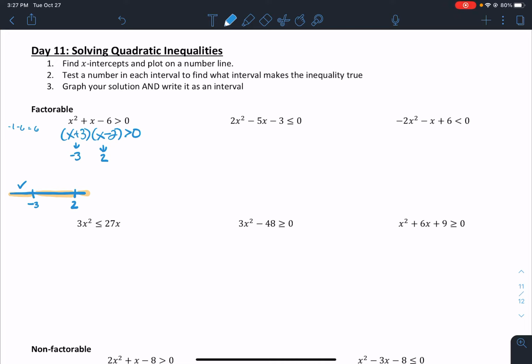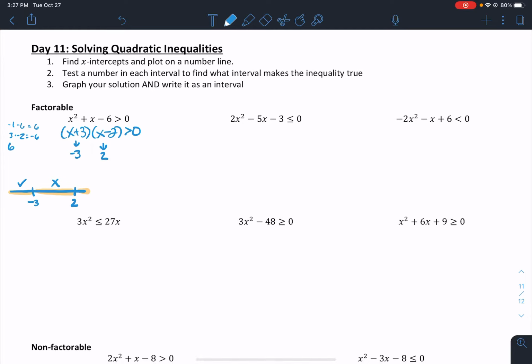Now between -3 and 2, if I can use 0, I like to use it because it's easy. 3 times -2 would give me -6. That is not greater than 0. All right. And then greater than 2. So let's use 3. 3 plus 3 is 6. 3 minus 2 is 1. 6 is greater than 0. So that works there. So we have an or situation.